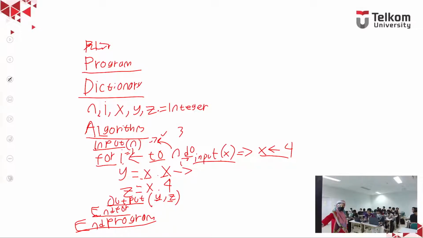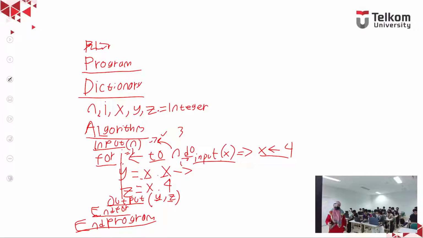Okay, please pay attention to the indentation. You have to write in a straight line. You will need to use the same indentation for every instruction inside the loop block. Because it is an indicator of what action will be executed repeatedly.